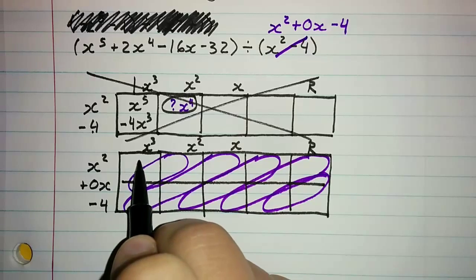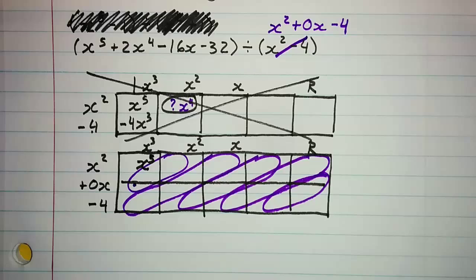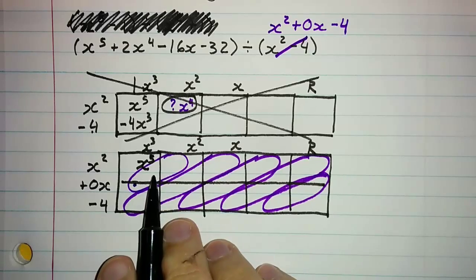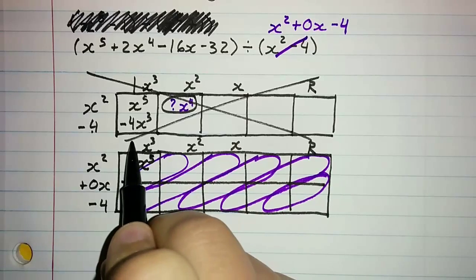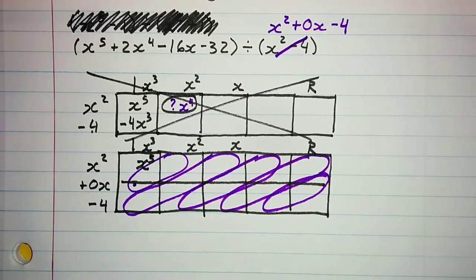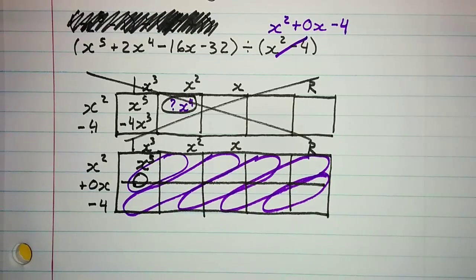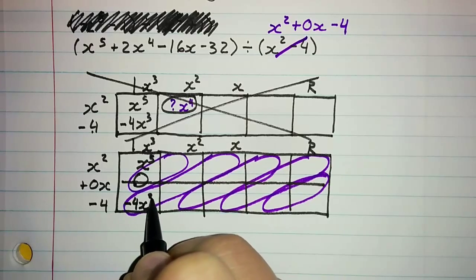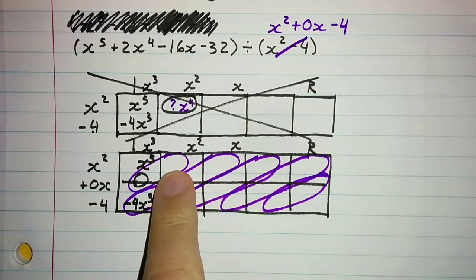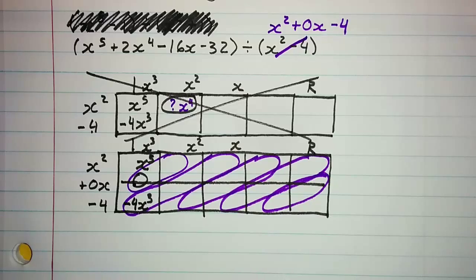All right, with that in mind, let's do this division. Here I've got an x to the fifth. Right, just x to the fifth. So that'll be 1x cubed times x squared. Right, when I do this multiplication, I'll get 0. X cubed times negative 4, that's negative 4x cubed. To figure out what goes here, well, these are my x to the fourths, remember.